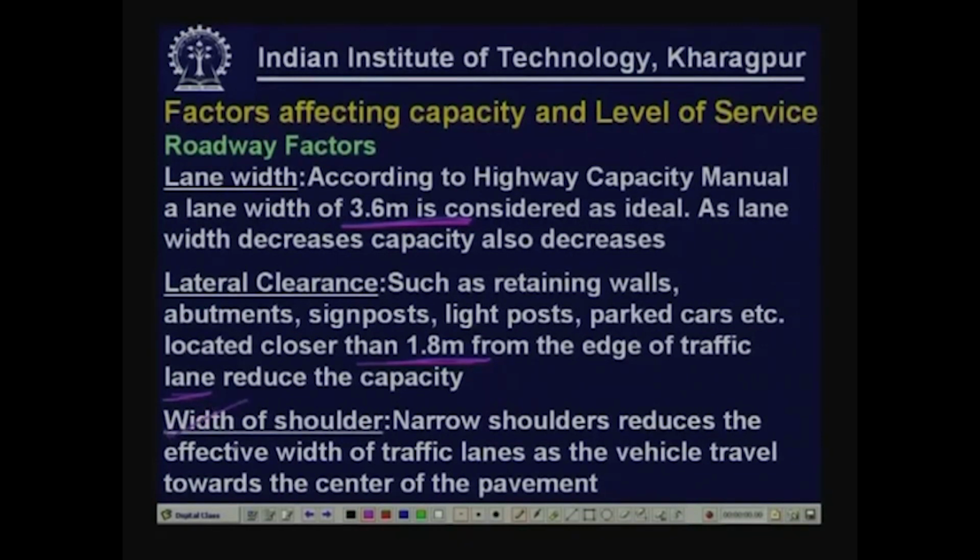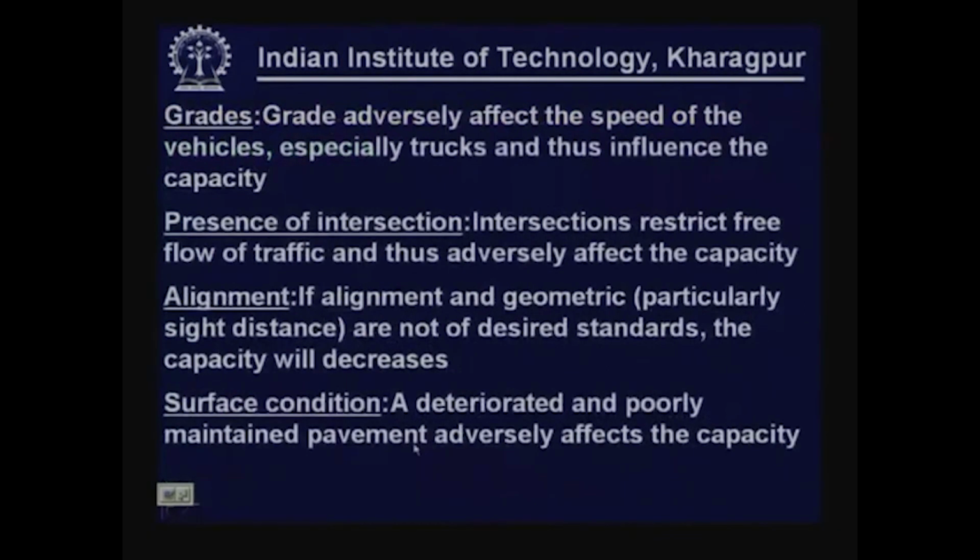Next roadway factor is width of shoulder. Narrow shoulders reduce the effective width of traffic lanes as the vehicles travel towards the center of the pavement. Therefore, narrow shoulder also affects capacity. Grade also adversely affects the speed of vehicles, particularly if you have substantial proportions of commercial vehicles or heavy vehicles.